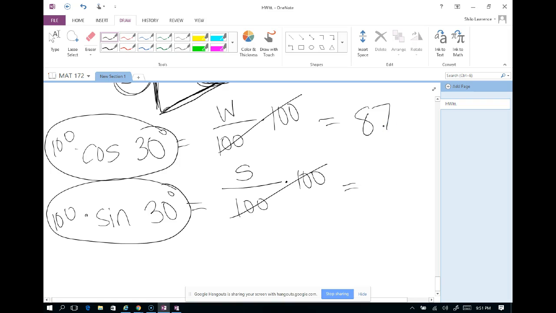And 100 sine of 30 comes out to be exactly 50. So we've gone 87 kilometers west and 50 kilometers south. Those are just the other two sides of that triangle.